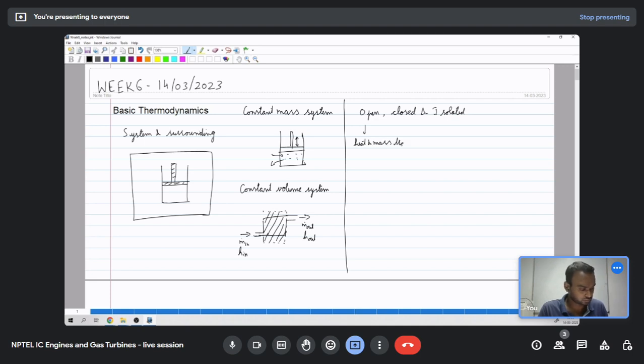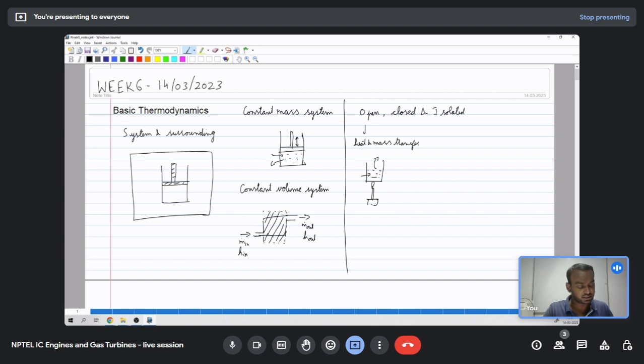One good example can be a beaker with water that is heated with a Bunsen burner. The water in the beaker gets heat transferred into the system through the flame, and the water can also evaporate and go out of the system, and thus it can have mass transfer.